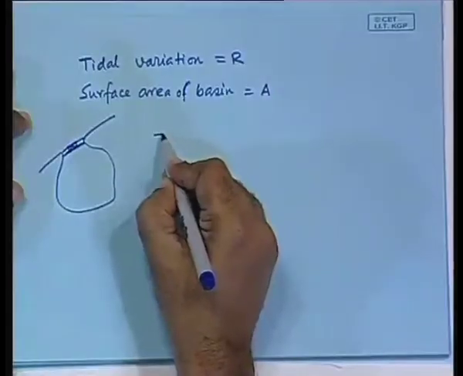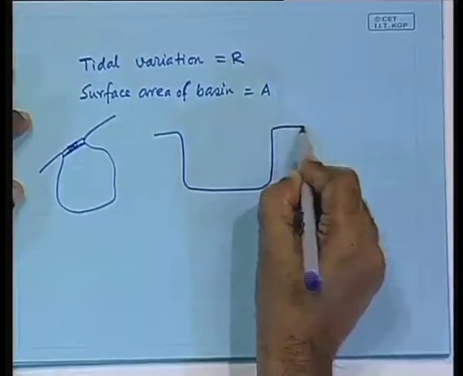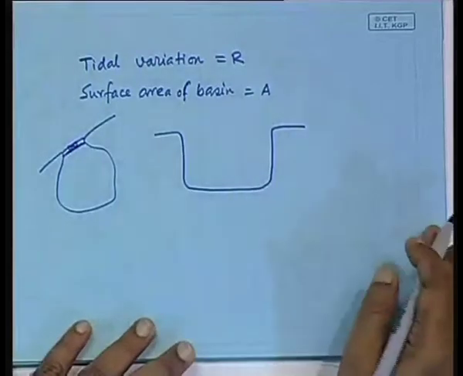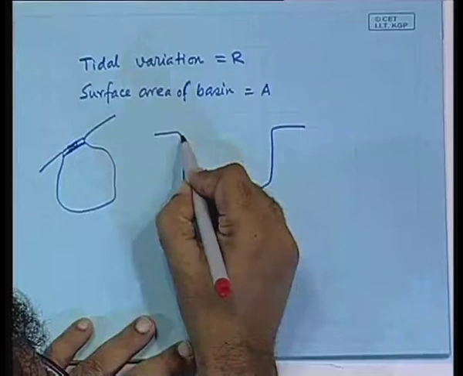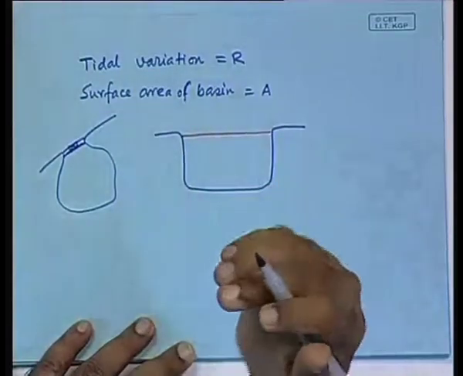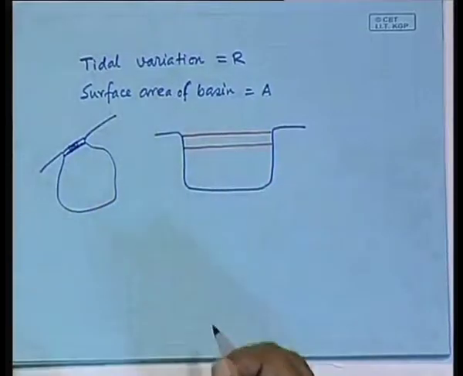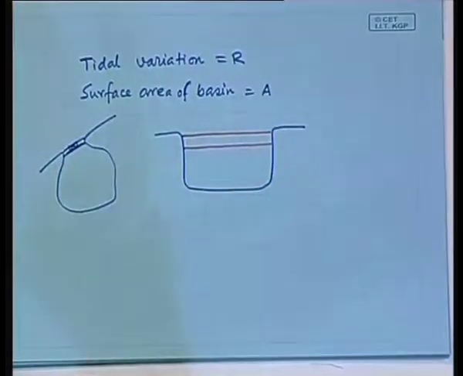It is not actually vertical, and we will take care of that later, but let us assume the sides to be something like this. So that you have this level at the highest point and this level at the lowest point, it goes on varying, and this difference is your R.